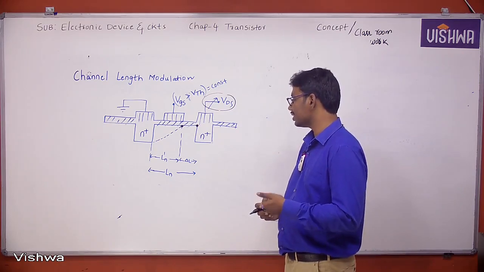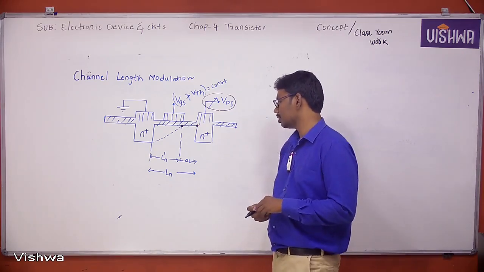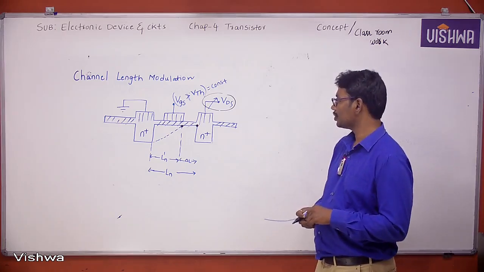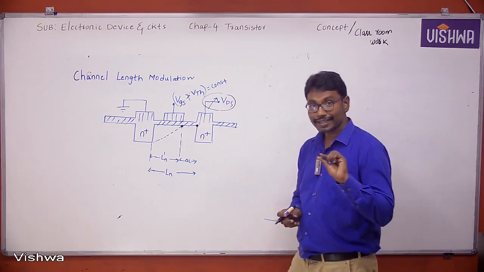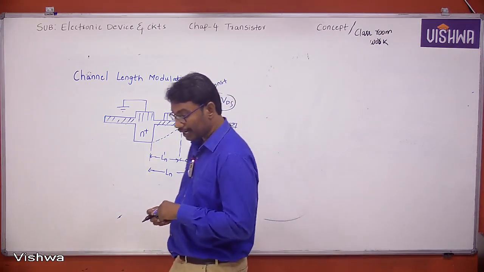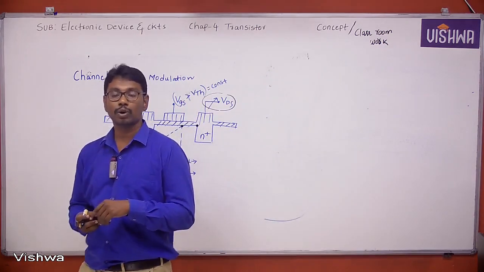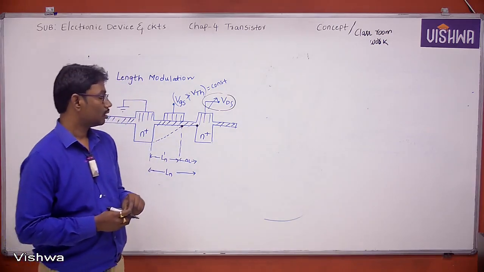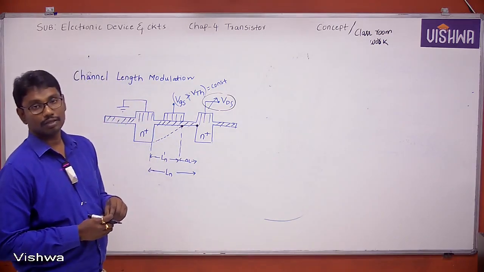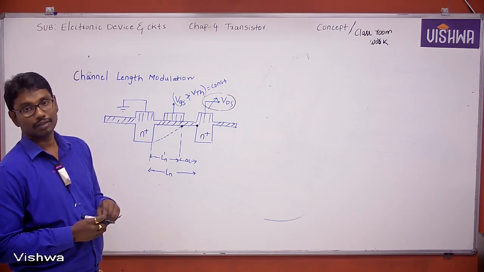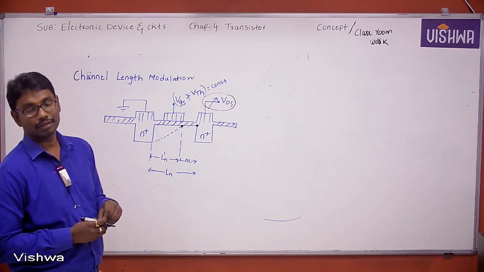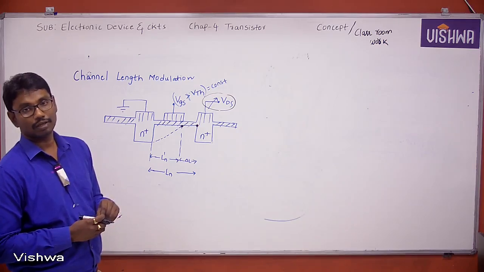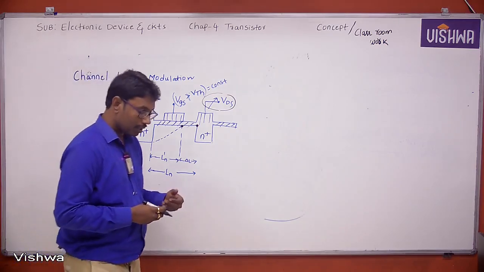Next, this decreasing of channel length due to increasing of VDS is called channel length modulation. Right. Next point.